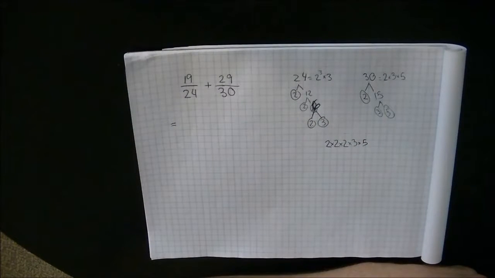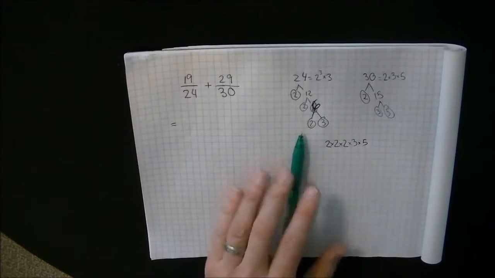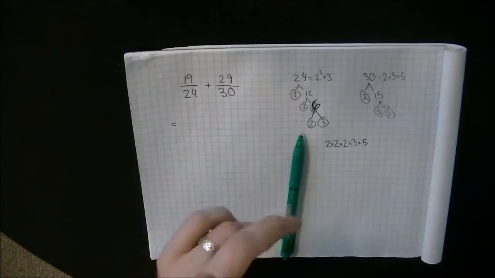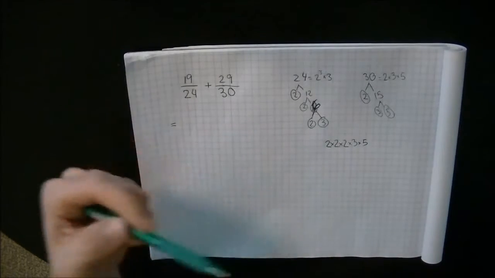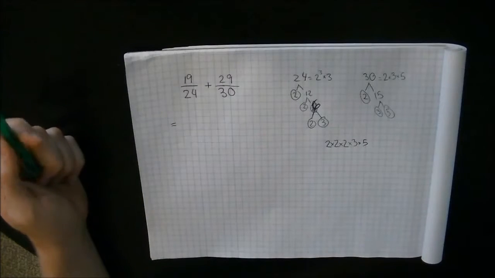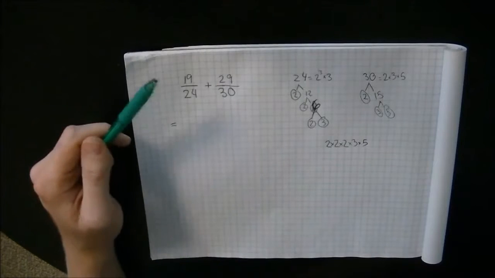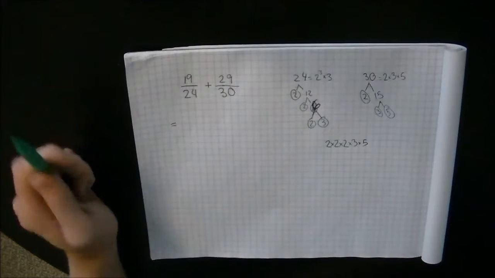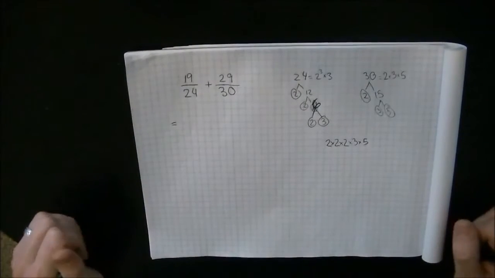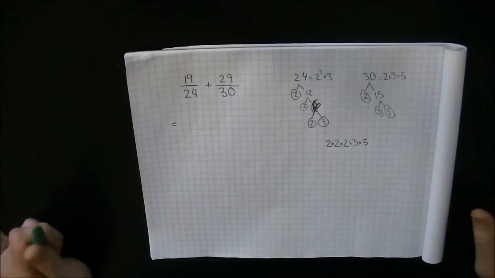And then all I need to do is multiply by a 5. So this is 24 times 5. All right, what's the fast way of multiplying by 5? Do you guys know this? If you multiply by 10, so that's 240, and then divide that by 2, so that would be 120, you've multiplied by 5, because if you multiply by 10 and divide by 2, it's the same as multiplying by 5.